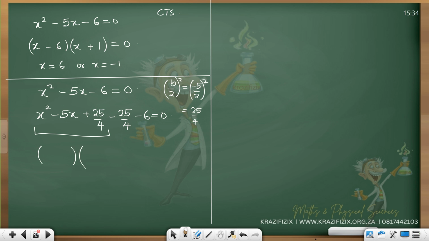Open two brackets. What will be here? Whatever is in your bracket is what you bring in here. Minus 5 over 2. Minus 5 over 2. Now, what will this give us? Minus 25 over 4 minus 6 over 4. If you use your calculator there, that's 24, that's negative 49 over 4 equals to 0.